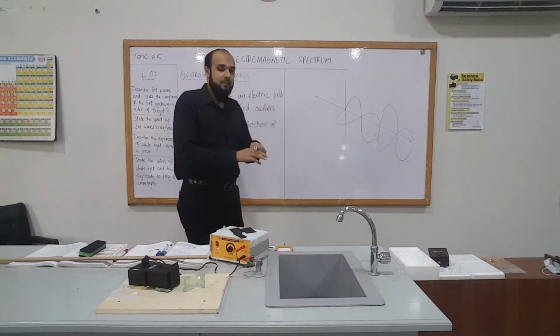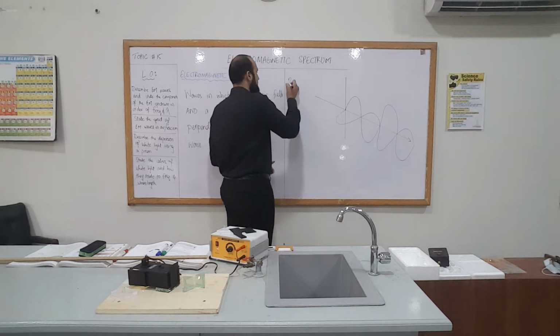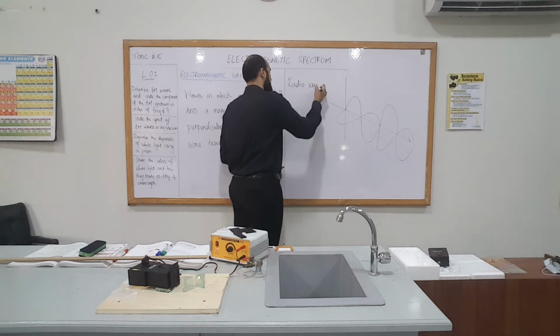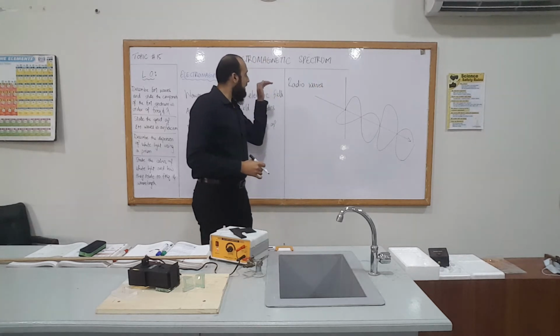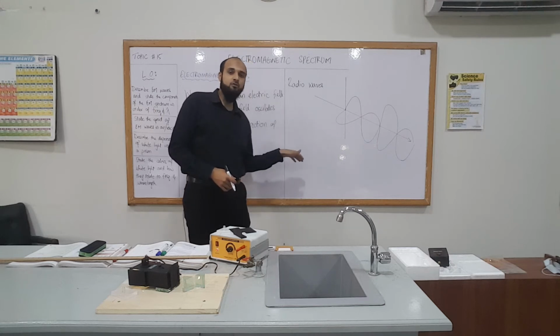The various electromagnetic waves that we see around us are radio waves, microwaves, infrared, visible light, ultraviolet, X-rays and gamma rays.